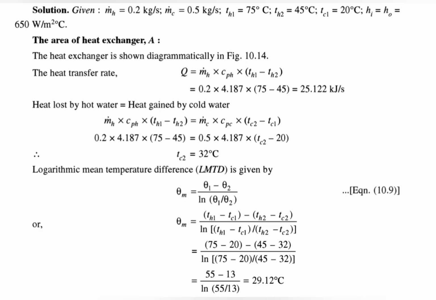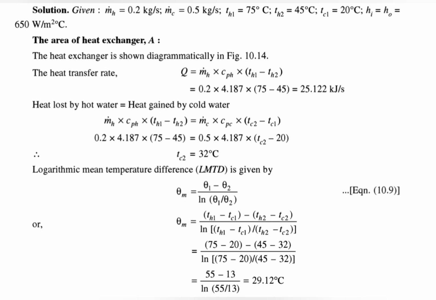Here we do not have TC2. We don't know the value of TC2. So in order to find that, before that we can find Q, because Q can be found from both the hot fluid equation and the cold fluid equation, but we only have the parameters of the hot fluid equation. So I will be using mh into cph into (TH1 minus TH2), because we have all those values.